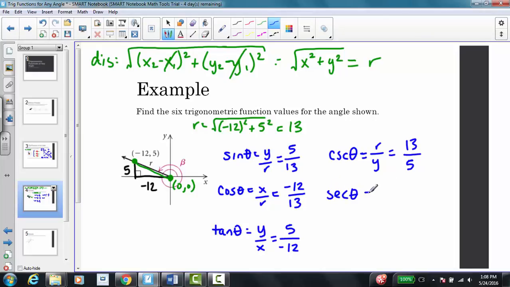Secant theta, r over x, 13 over negative 12. And finally, cotan theta, x over y, negative 12 over 5.